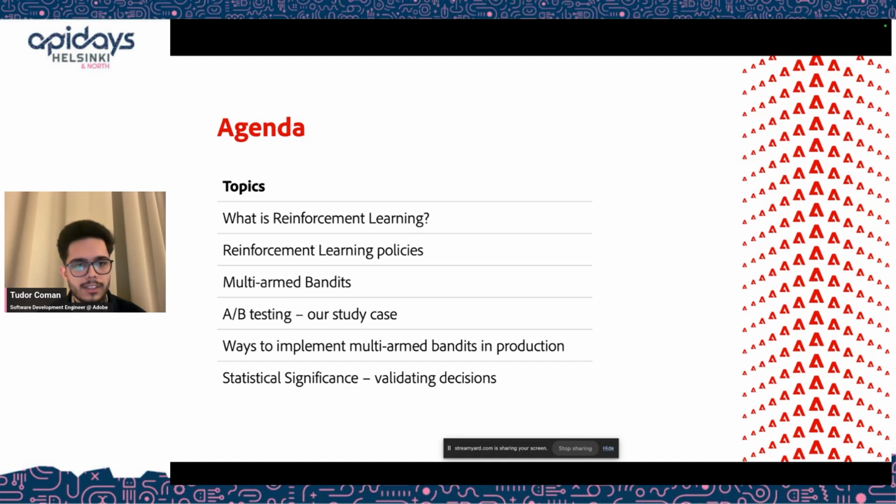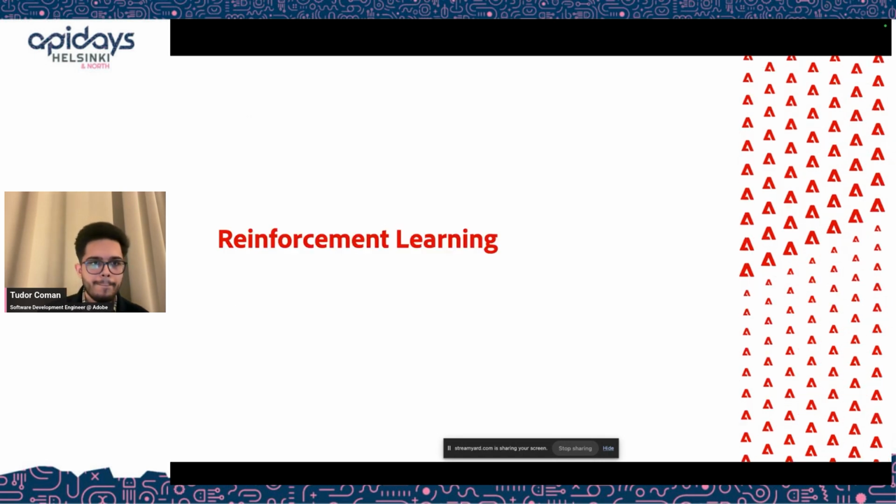We're gonna talk a little bit about the different use cases, and from there, we're gonna focus on the study case we performed at Adobe, which was on A/B testing. And last but not least, most importantly, we're going to talk about ways to implement multi-arm bandits in production and how to validate these decisions using statistical significance.